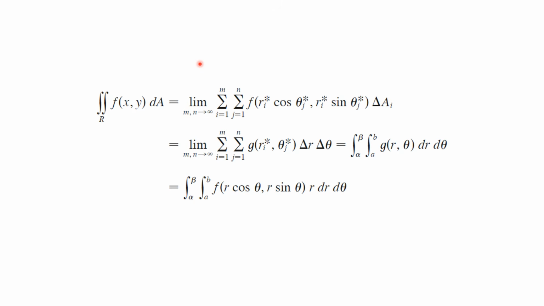So the double integral over the region R of f of x y dA is equal to the limit of the double summation from 1 to m, 1 to n of f of r sub i star cosine theta sub j star, r sub i star sine theta sub j star times the change of A sub i, where m and n approach infinity.